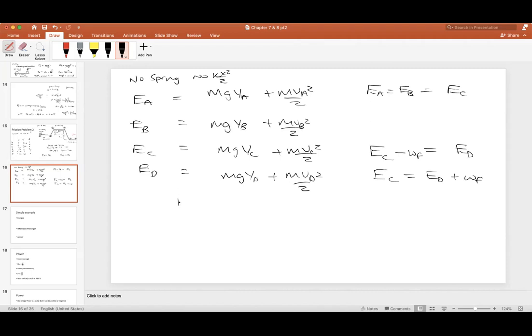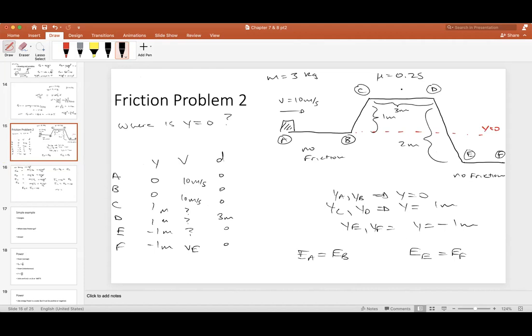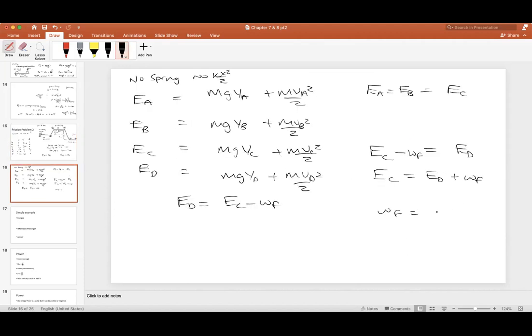So we need to remember that ED is EC minus the work of friction, and that the work of friction, in this case, the normal force is up, so normal force is mg, so this is mu N times d, which is mu mgd, and if you prefer, write it like that. The negative sign is taken care of here.